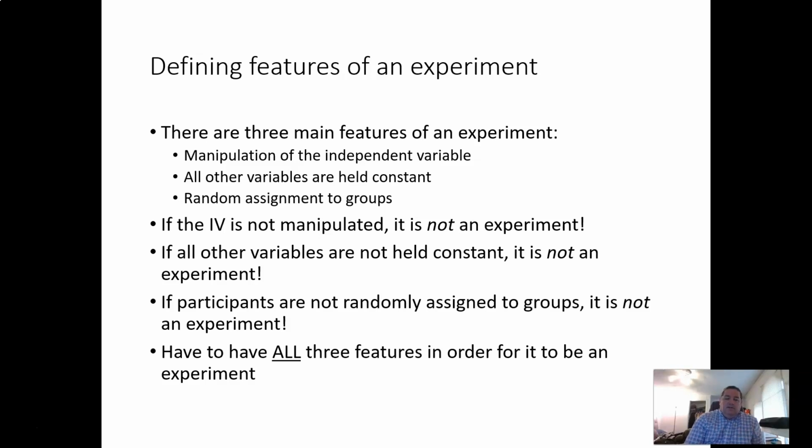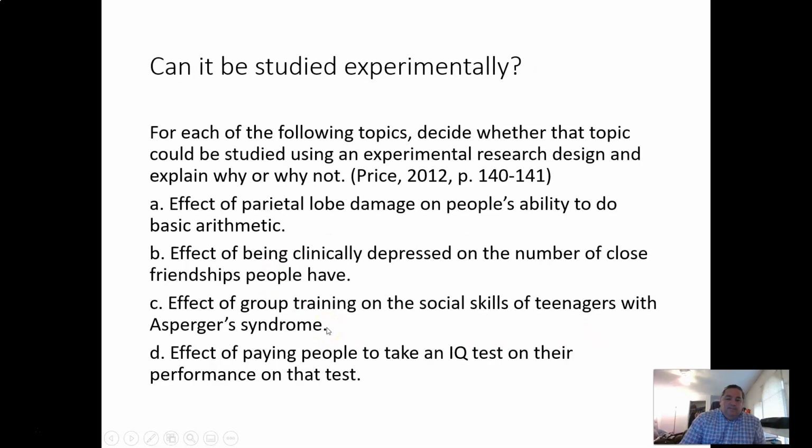And so you want to see the specific variable that you want to manipulate. Does that variable have an effect on the other variables? If participants are not randomly assigned to groups, it is not an experiment. It's a quasi-experiment or a different type. You must have all three features in order for it to be an experiment.